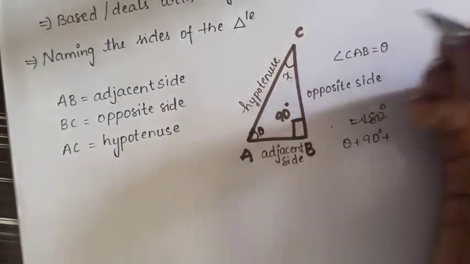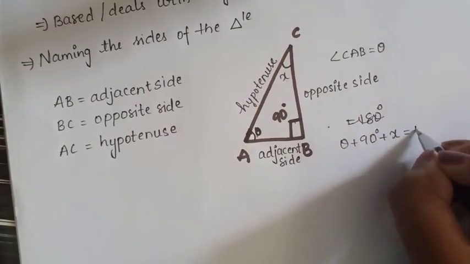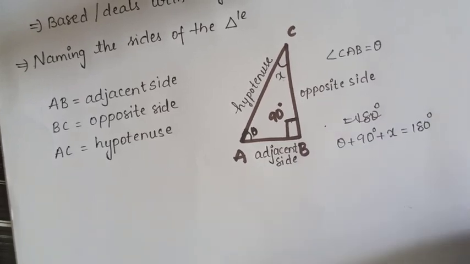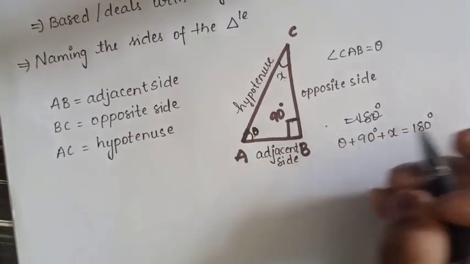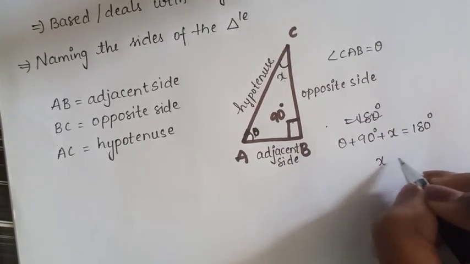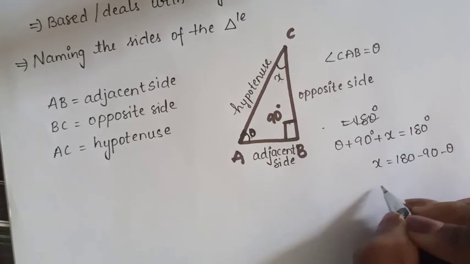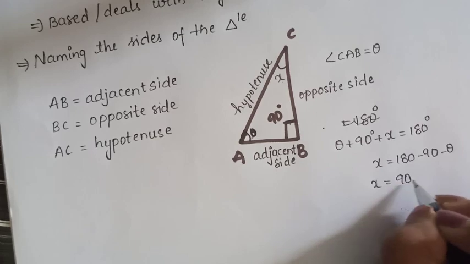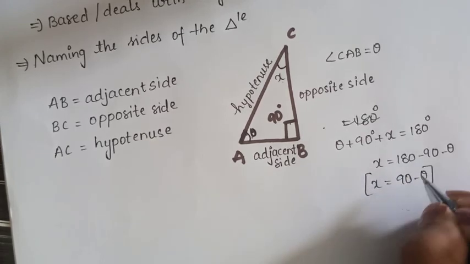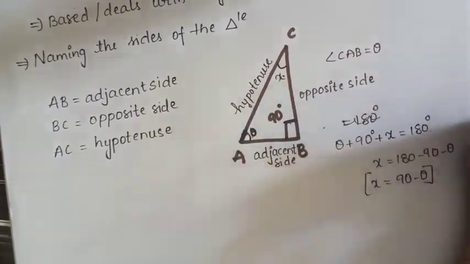Let us assume this angle to be x. Then theta plus 90 degrees plus x equals 180 degrees, so x will be 180 minus 90 minus theta, which is 90 minus theta. So if we know one angle, we can find the other.